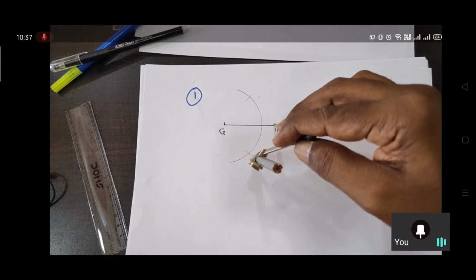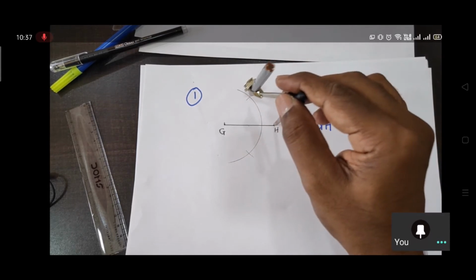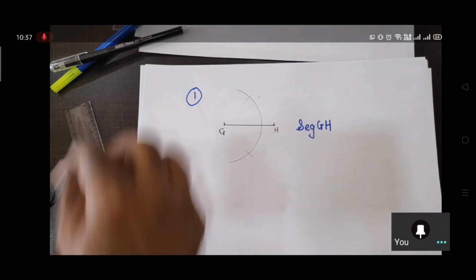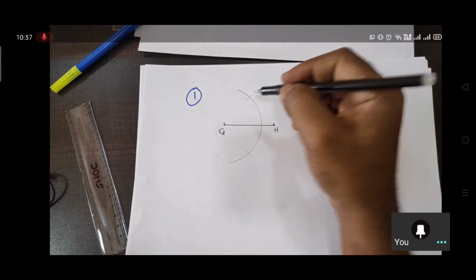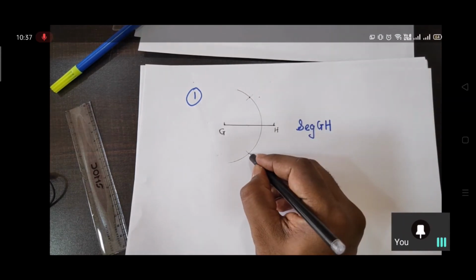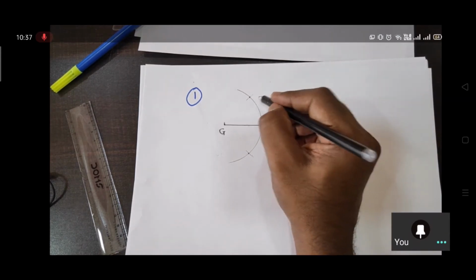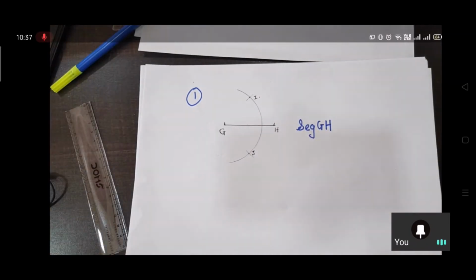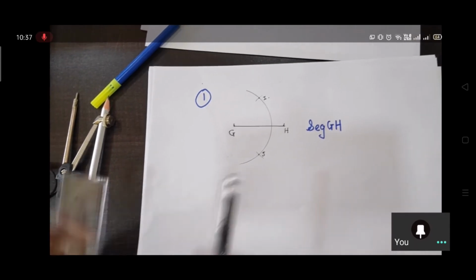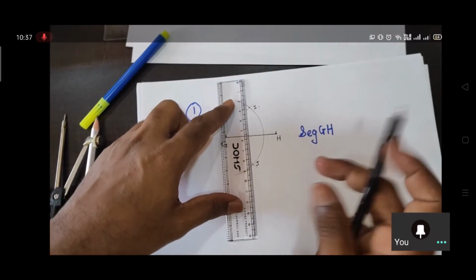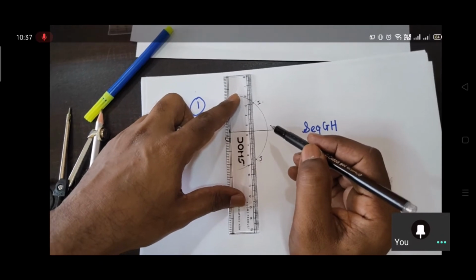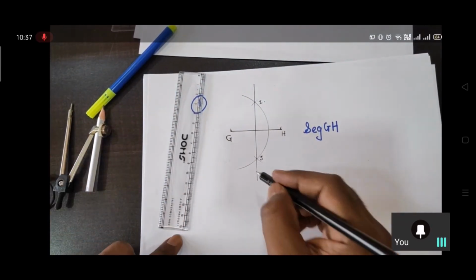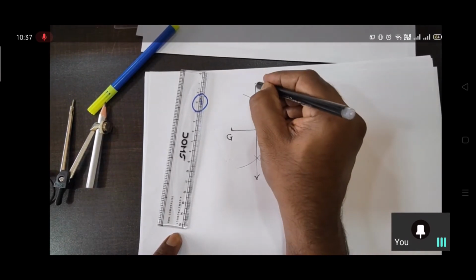One cut here, another cut here. This is called intersecting, this upper part and lower part. Once you get one point where it intersects both the arcs, there you will give names I and here J. 2 points you got, I and J. Draw here a line.